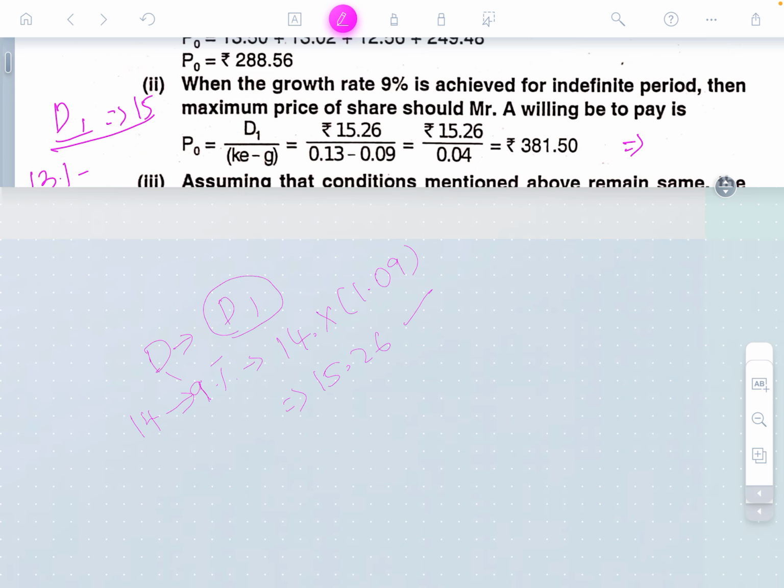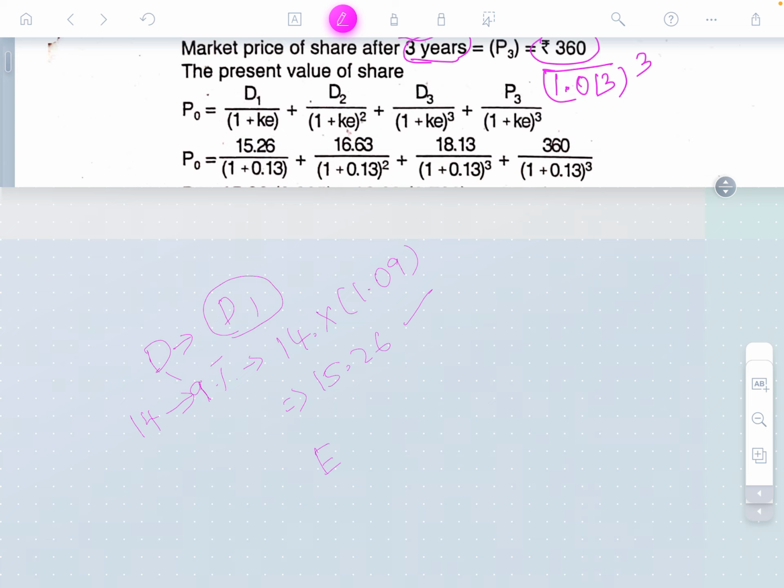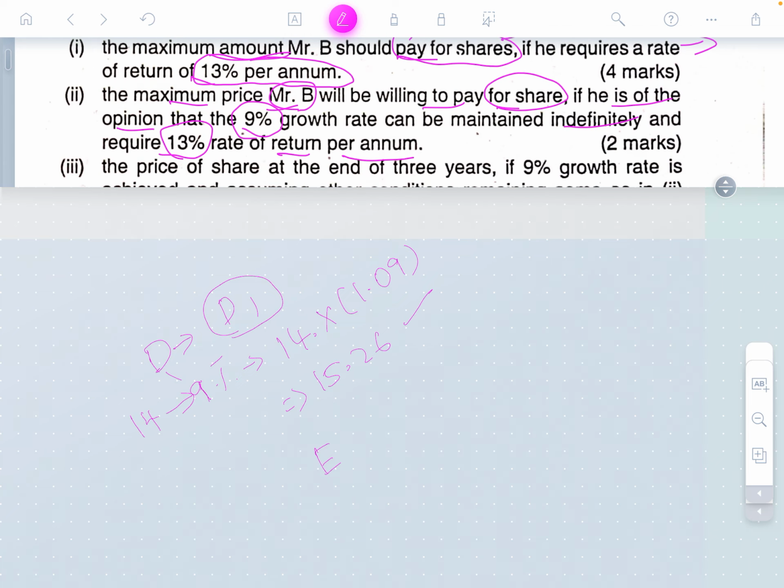Second, we have two things here: the growth rate is how much? 9%. Then the rate of return is how much? 13%. So 13% minus 9% is 4%. This is the 4% that is going constant.